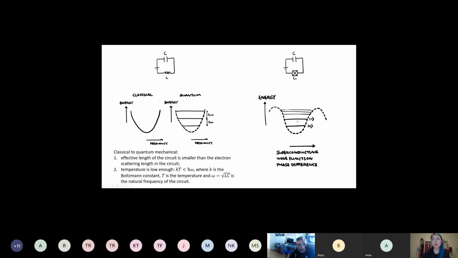Then you can control which two levels you want to use. So you can pick the ground state as your 0 and the excited state as your 1, and you can apply an electromagnetic field to exchange between these two. So this is the basic working principle of the superconducting circuit and how to use it as a qubit system.